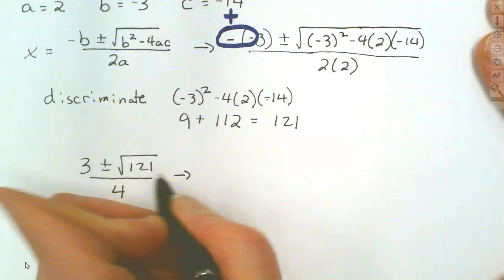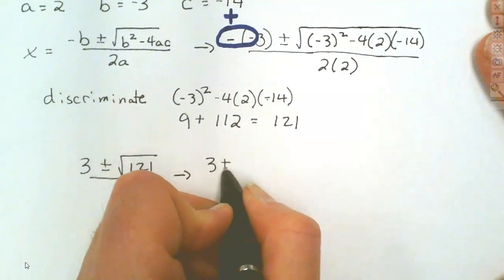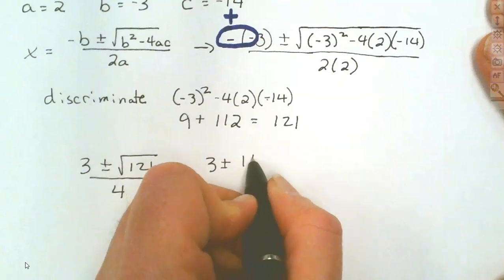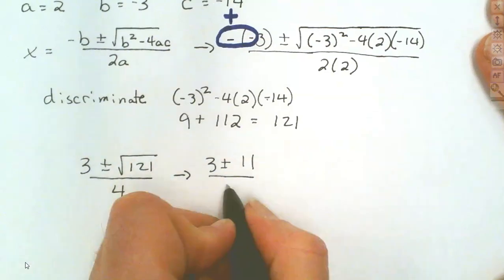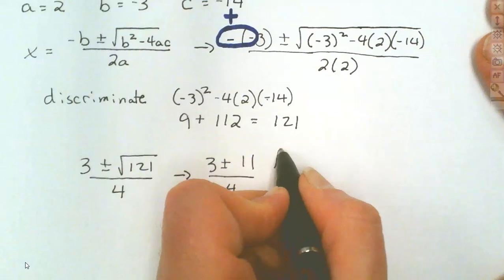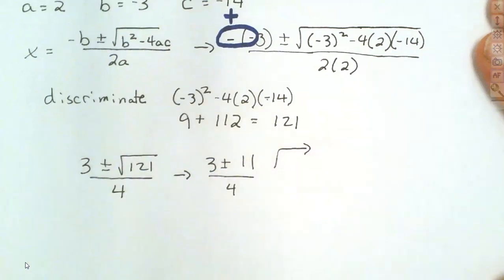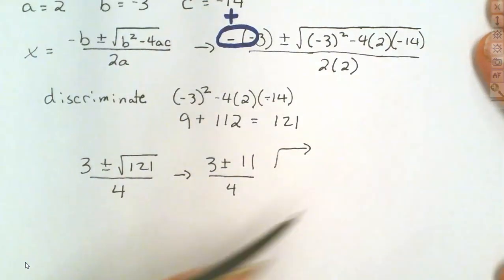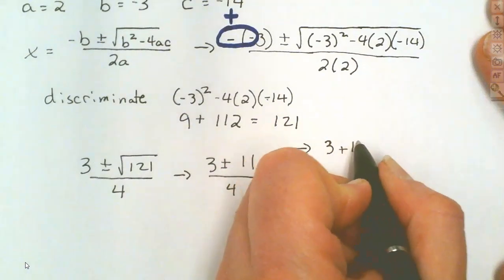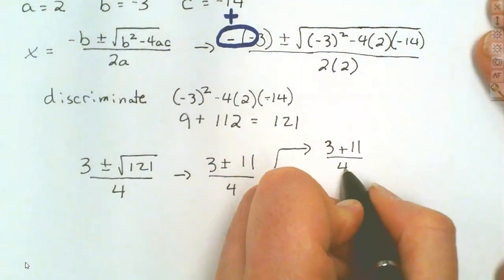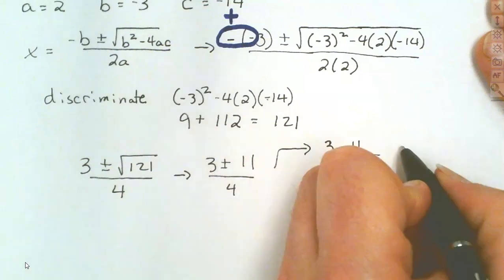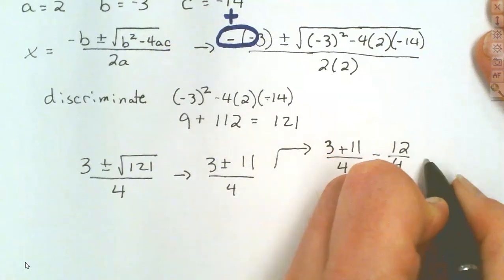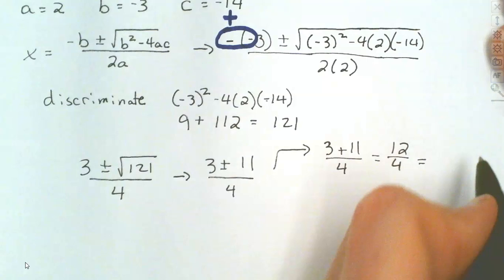And we know that 121 is a perfect square of 11. Split it up and get our two solutions. So 3 plus 11 over 4. That's 12 over 4. And that reduces down to 3.